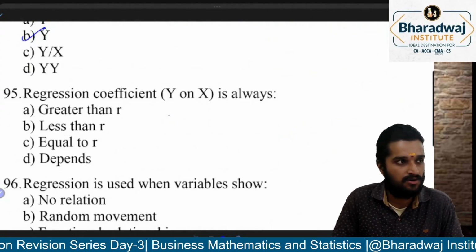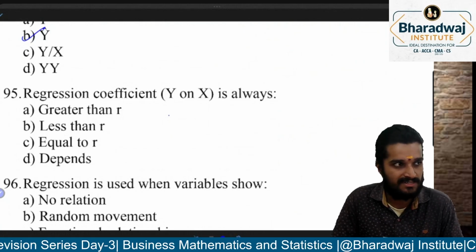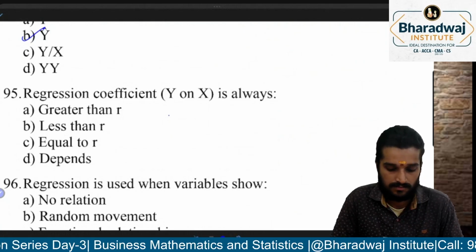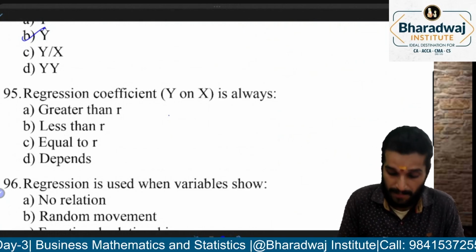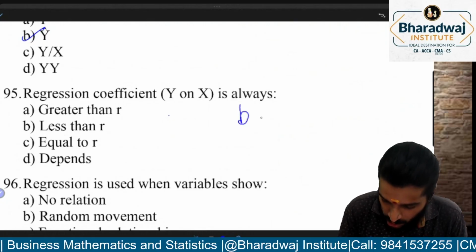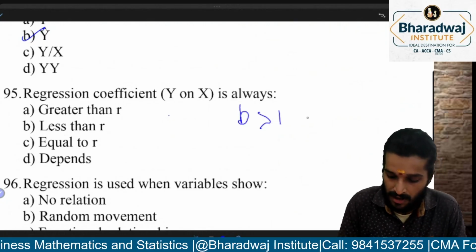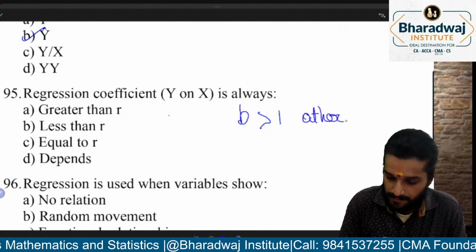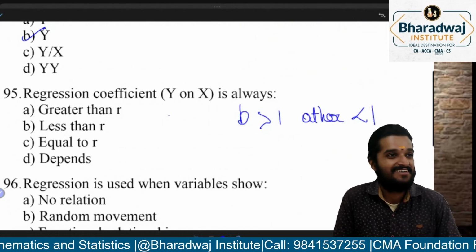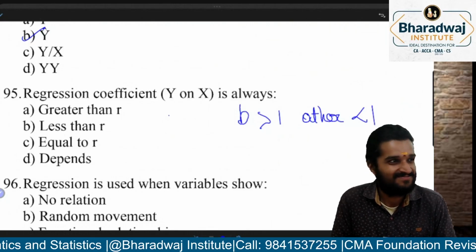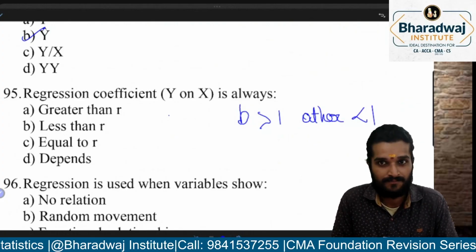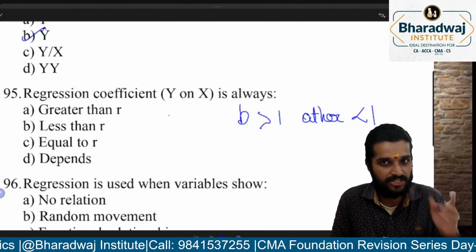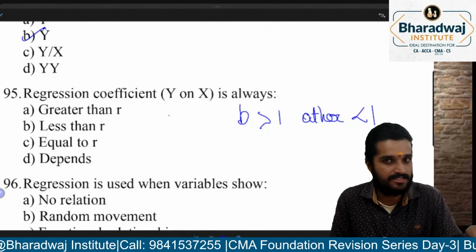It can be anything. But if one regression coefficient is greater than 1, the other should always be lesser than 1. The converse is not true. Both the regression coefficients can be lesser than 1.